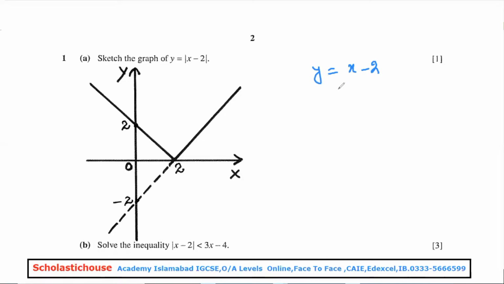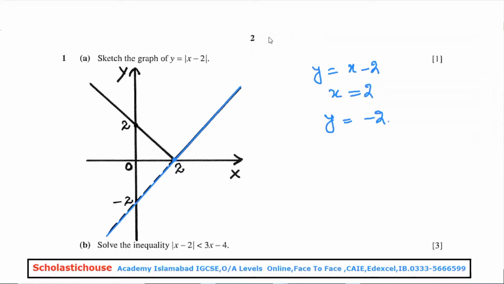By putting y is equal to 0, x is 2. So here the x-intercept is 2. If I put x is equal to 0, then y is equal to minus 2. In this way, if I draw a line, it will be like this.